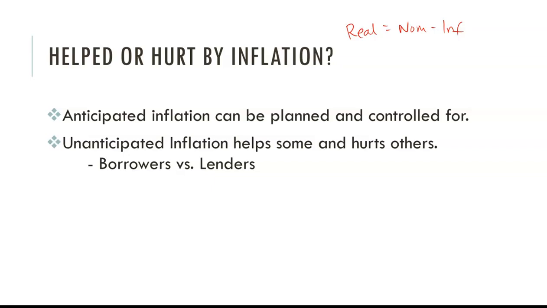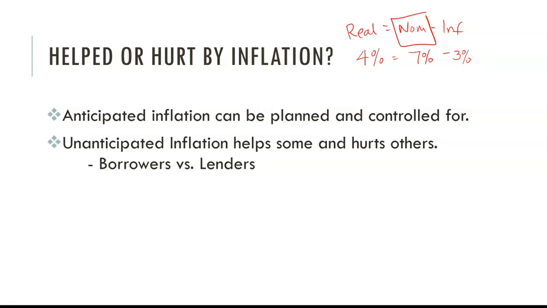When the bank sets the interest rate, they're setting the nominal rate. So if they set a rate at 7%, they're expecting some level of inflation. Let's say your bank is expecting inflation to be 3%. They want to earn a real rate of 4%. Supposedly you're expecting inflation to be 3% as well, and so you're agreeing to a 4% real rate. This is anticipated inflation, this 3%.